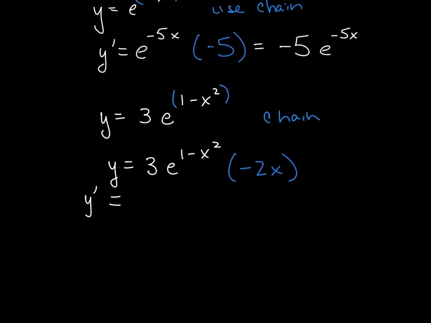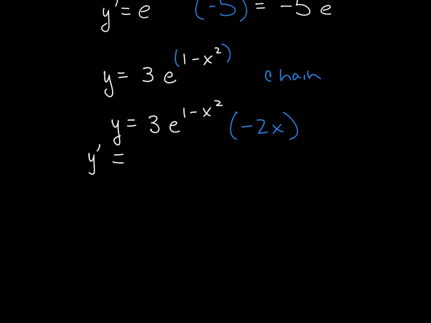So y prime is just equal to negative 6x e to the 1 minus x squared.